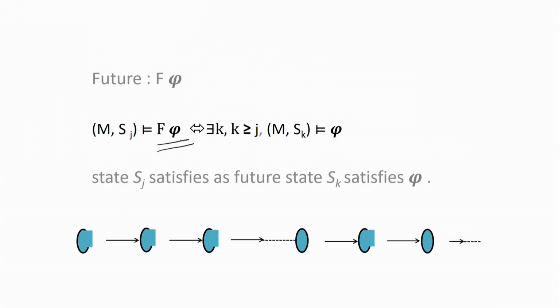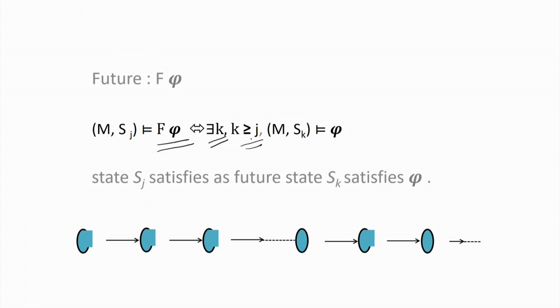This is future phi, a temporal operator, provided there exists some k, where k is greater than or equal to j, and M, S k models phi. So we are going to have some S k where phi holds, then we say that in a given state S j, F phi will be true provided k is greater than or equal to j.